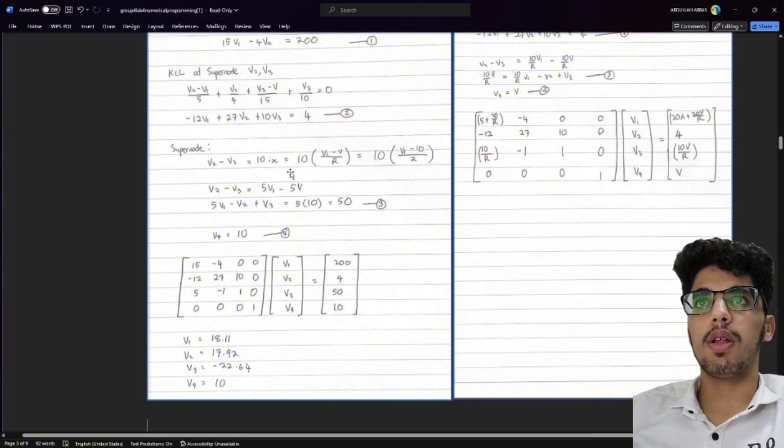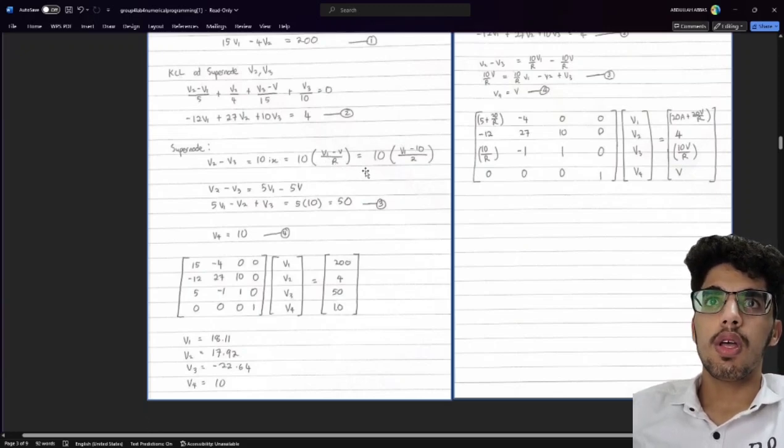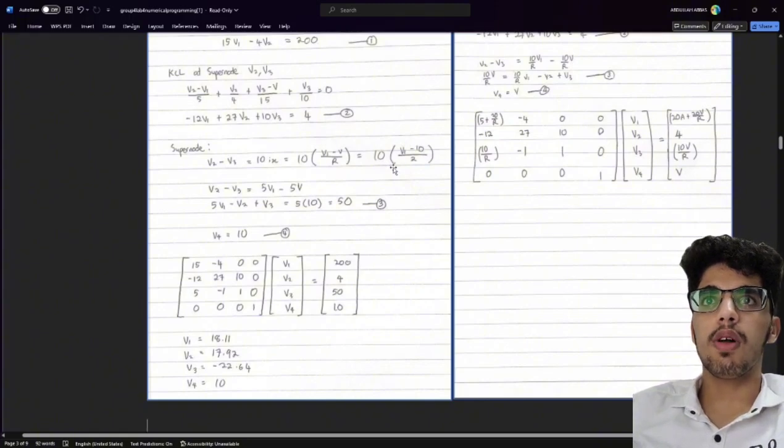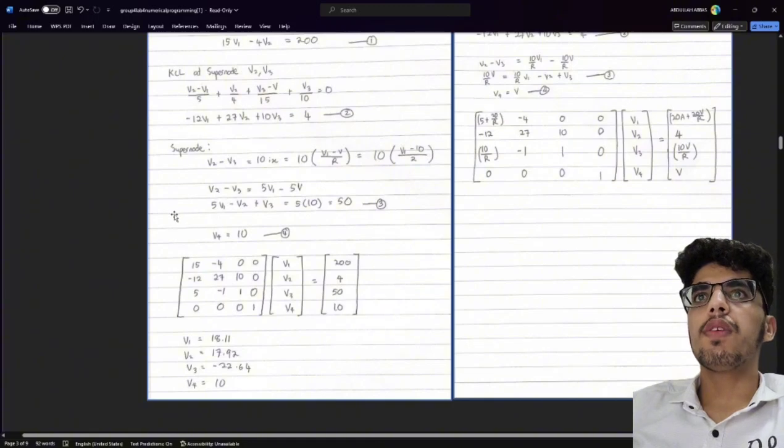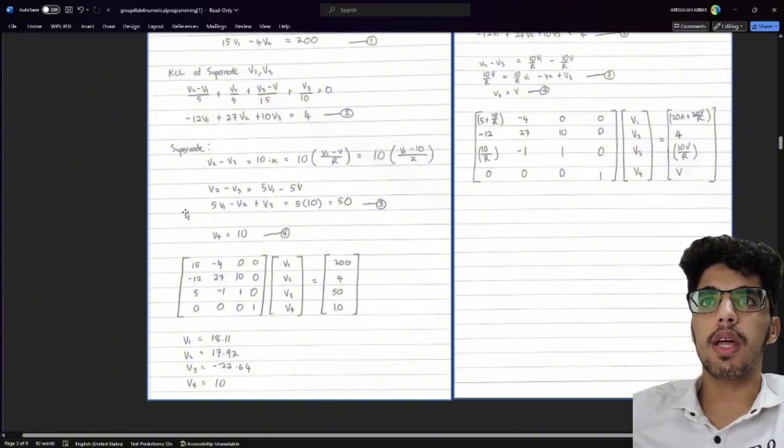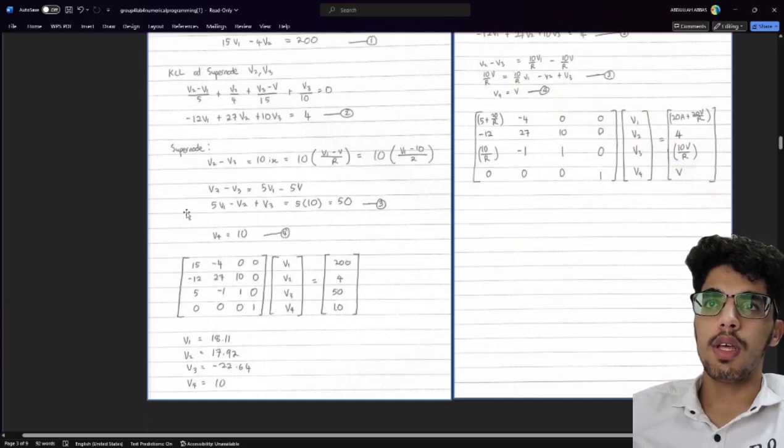V1 minus V over R equal 10, V1 minus 10 over 2, V2 minus V3 equal 5, V1 minus 15 V. 5 V1 minus V2 plus V3 equal 5 multiplied by 10 equal 15. This is equation number 3.